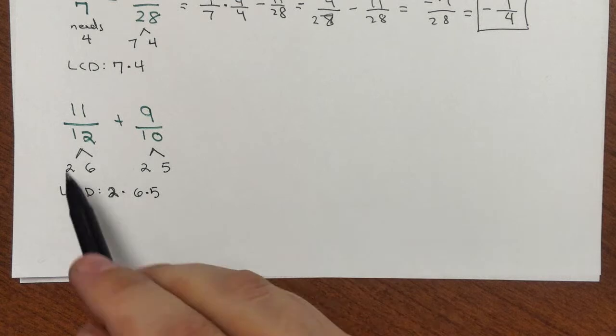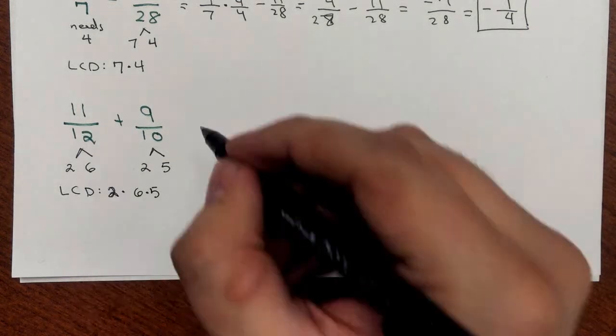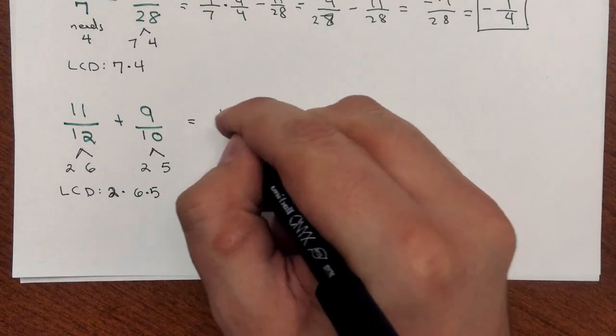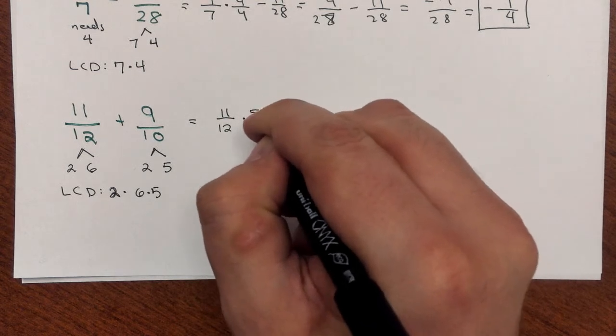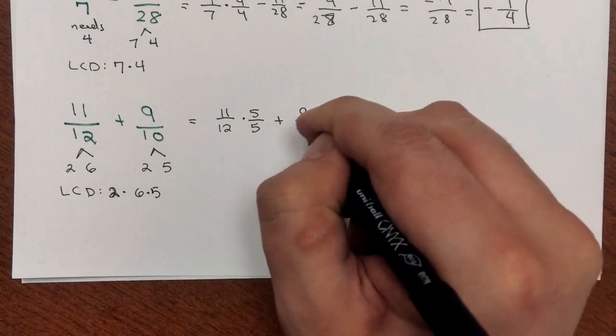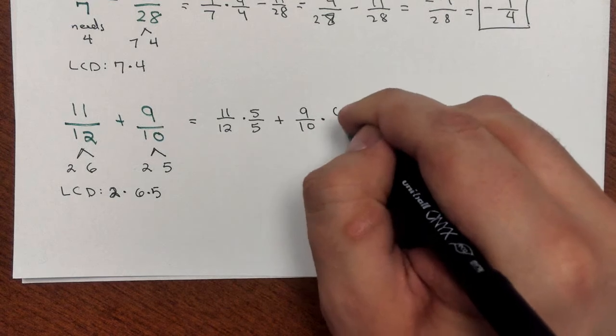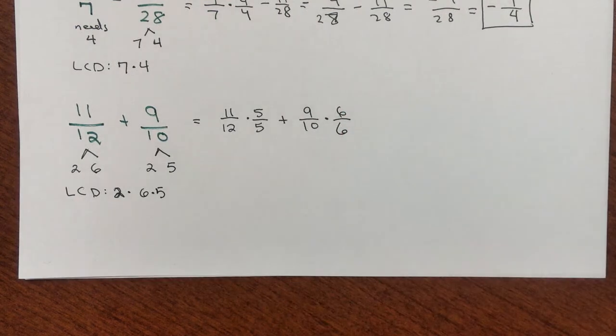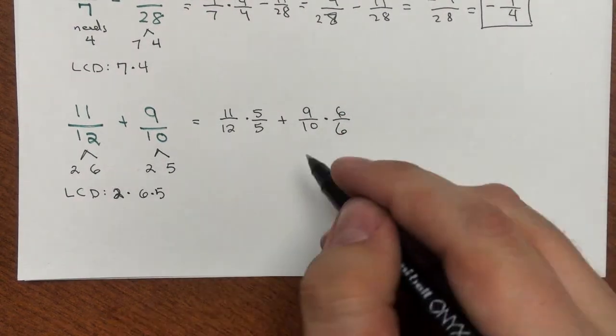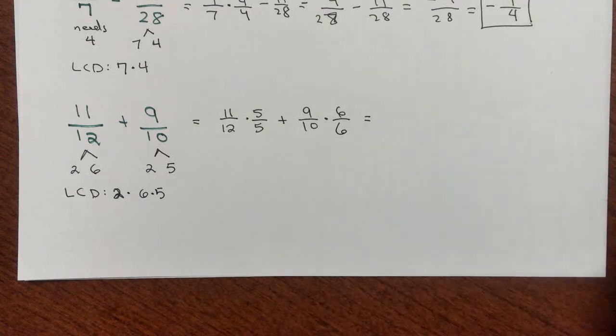So 11/12. 12ths are missing 5. So I need to multiply in a 5. 9/10. Tenths are missing the 6. So I need to multiply in a 6. My least common denominator is going to be 60. So what do I have here?